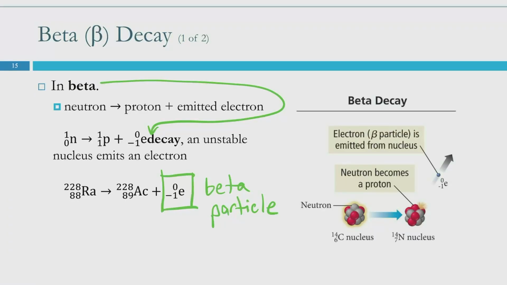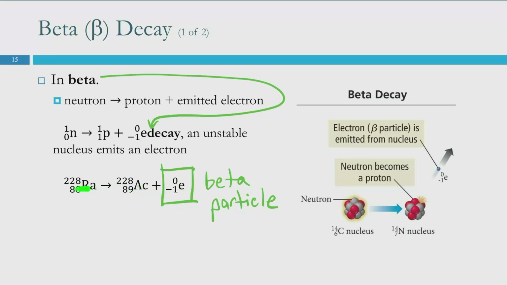And for reasons that we don't really talk about in this class, we just say that this is how it is. When an electron, our beta particle, is emitted from the nucleus, that makes a neutrally charged neutron turn into a proton. So it goes from having 0 charge to having a 1 plus charge because of the 1 minus charge that was emitted. And it works out for our little equations that we do. So 88 equals 89 minus 1.